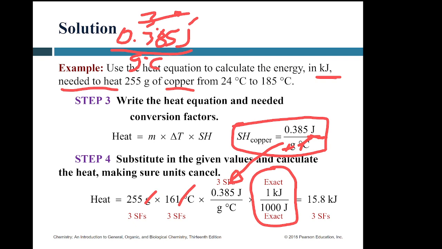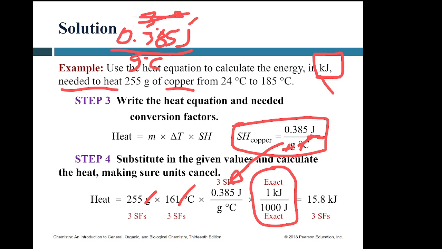If I want kilojoules at the end, I don't want grams or degrees Celsius. This doesn't have grams or degrees Celsius in there, does it? So I have to get rid of grams and degrees Celsius somehow.